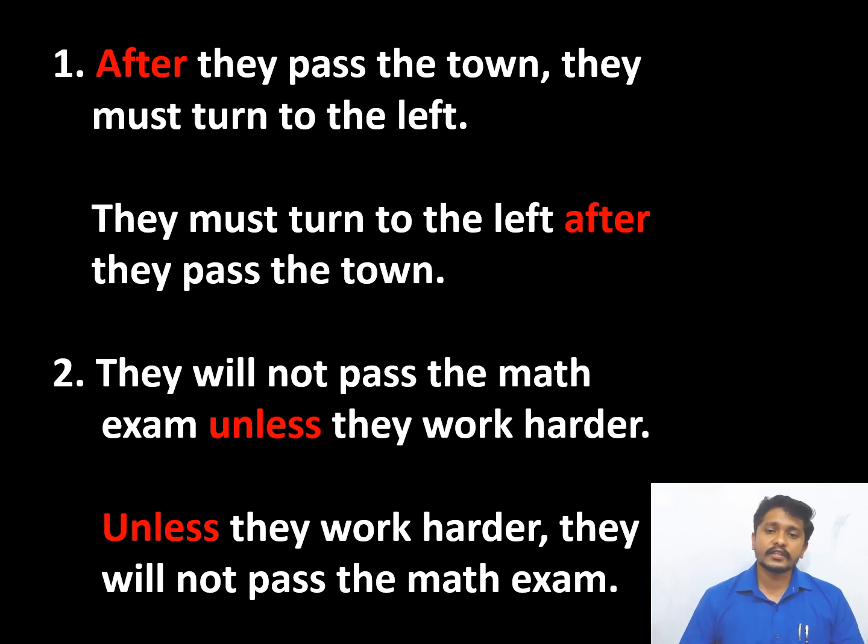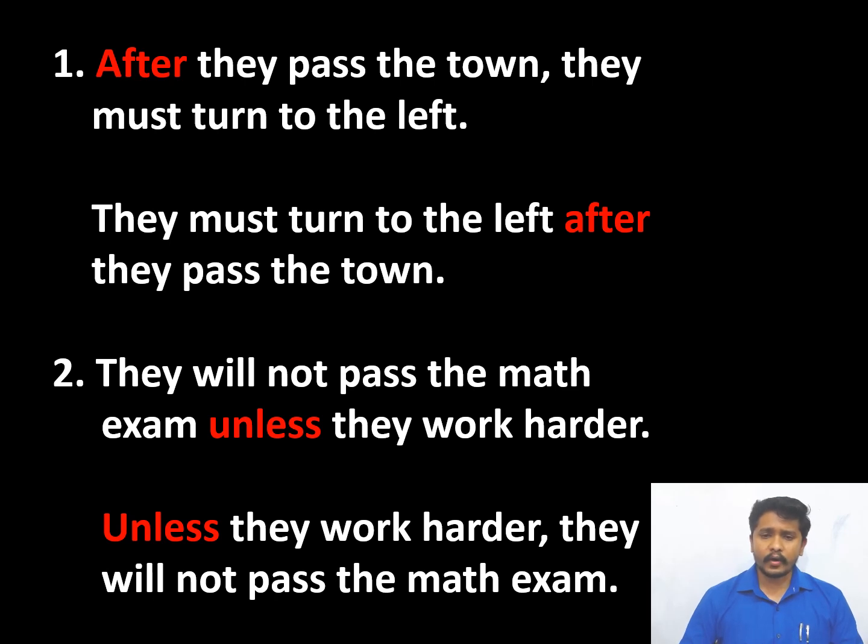After they pass the town is the dependent clause, because that is not complete. After they pass the town, what happened? There is a question, so we can't stop the sentence there. That clause depends on the independent clause. After they pass the town, they must turn to the left. When the dependent clause connects to the independent clause, then only this sentence has a meaning.